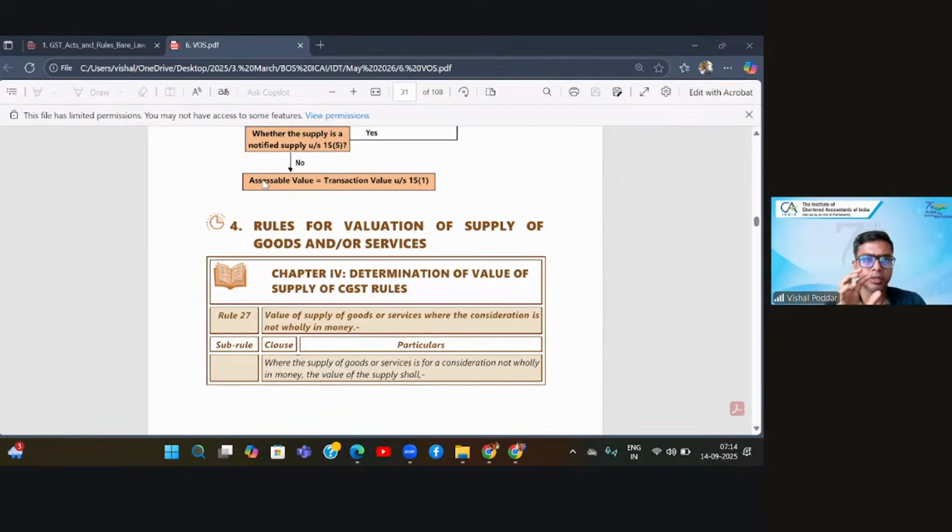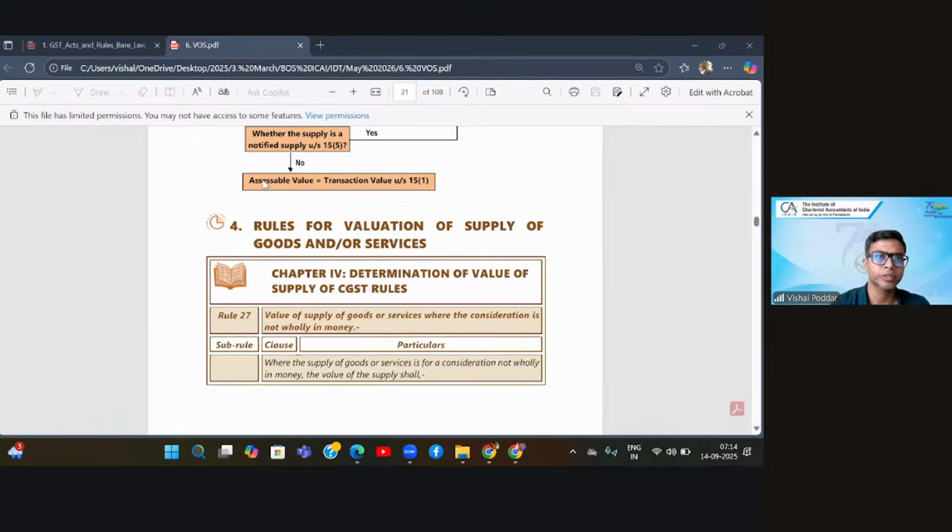And then comes the slightly tricky, slightly misunderstood clause, clause B, which says that whenever any expense was supposed to be originally incurred by the supplier, it was the expense or responsibility of the supplier. However, due to some intermediate changes, some unexpected, unforeseen events, that particular thing is done by the buyer. Then, whatever expense the buyer has incurred, obviously to that extent, the supplier would have reduced his value.